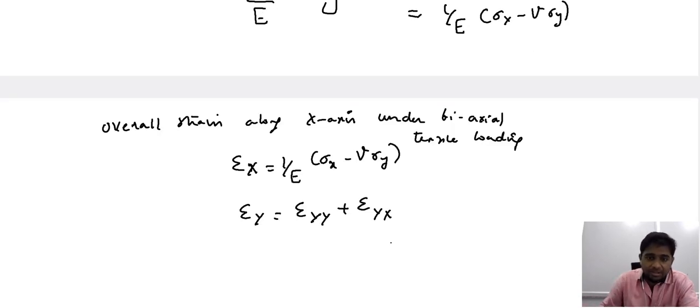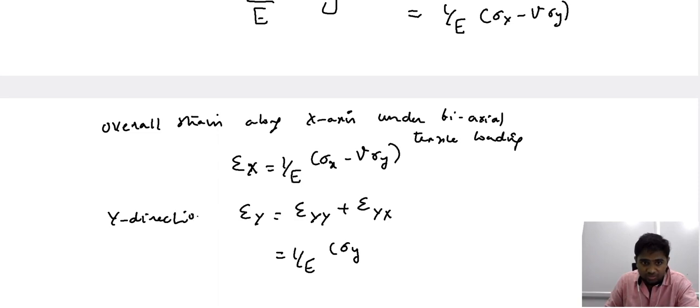And ultimately you will end up with an expression of a similar form, that is 1 by E sigma y, because we are talking about the overall strain in the y direction. So it will be sigma y minus the Poisson's ratio sigma x.